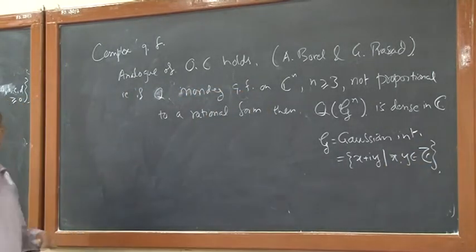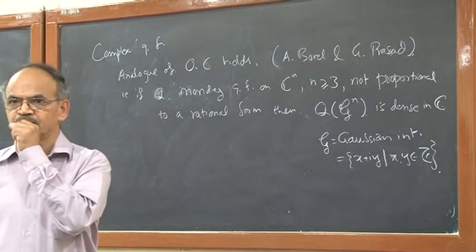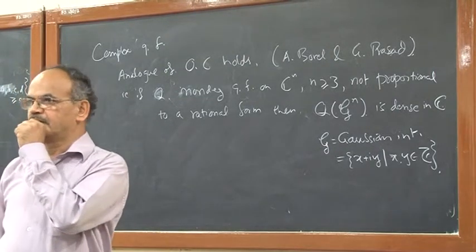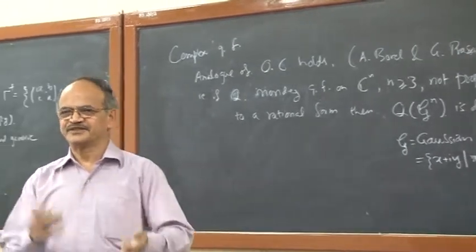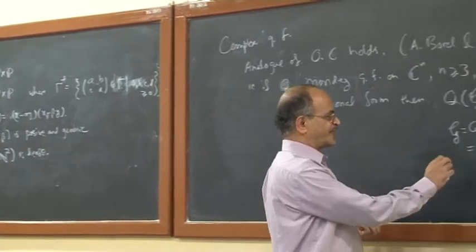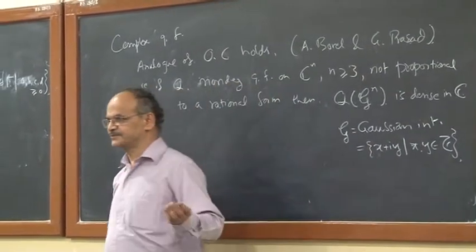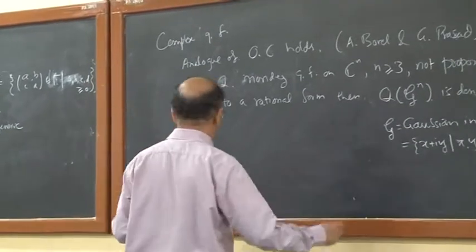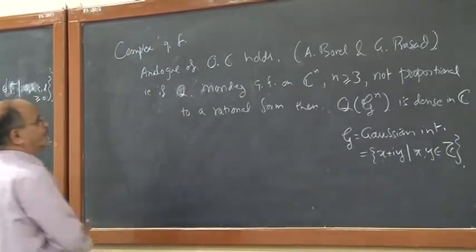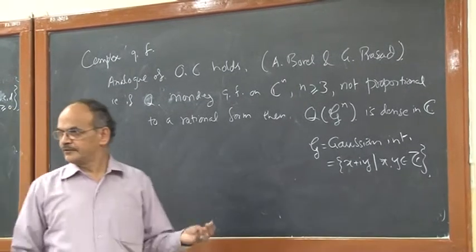And rational is also with respect to this. Yeah, but I suppose that's more well-known terminology. So rational means both x and y are rational in the usual sense.